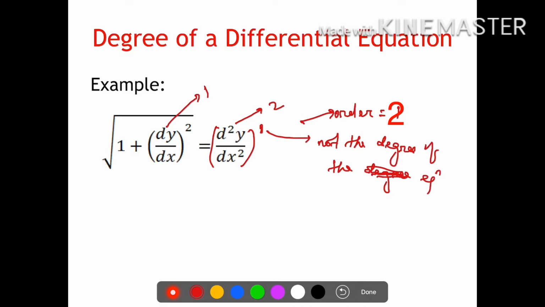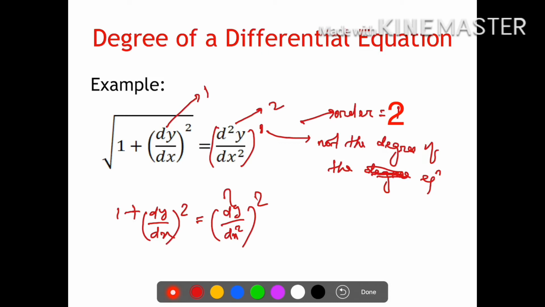Why? Because the rule says before finding the degree, the equation should be free from radical signs. Here a square root is there, so we have to eliminate the square root. That means let us square both the sides. So it will give 1 + (dy/dx)^2 = (d^2y/dx^2)^2.